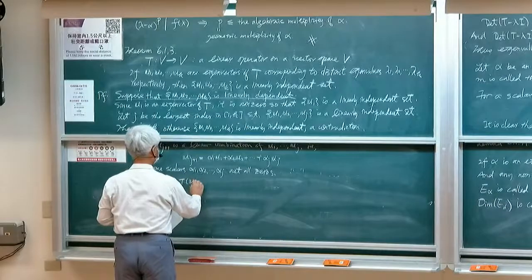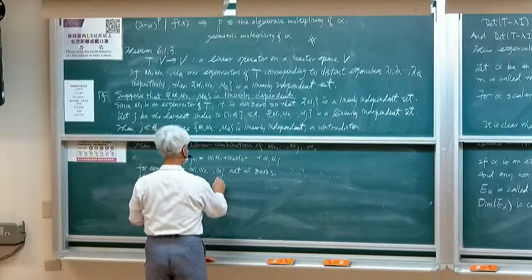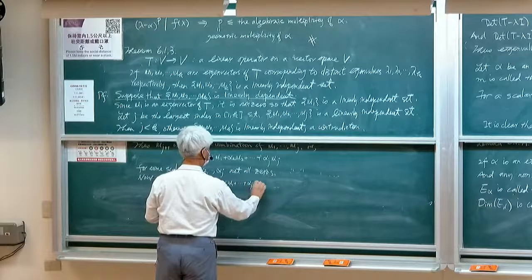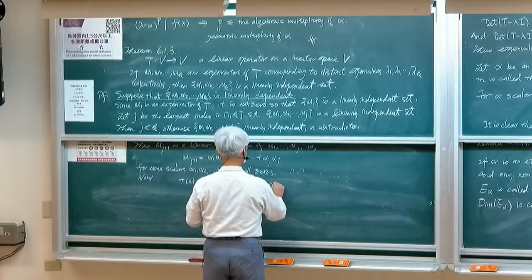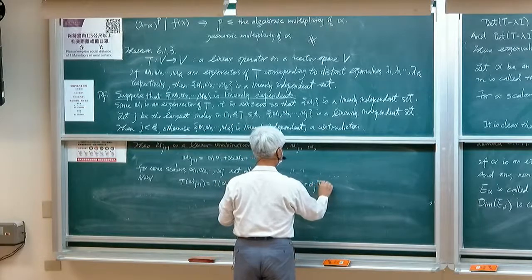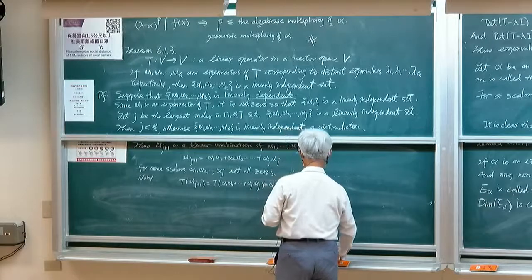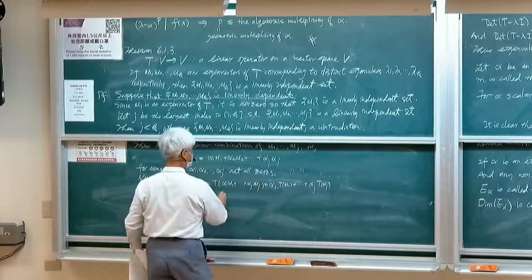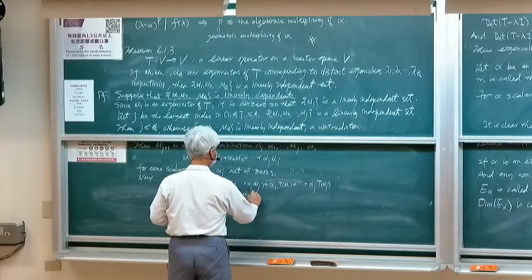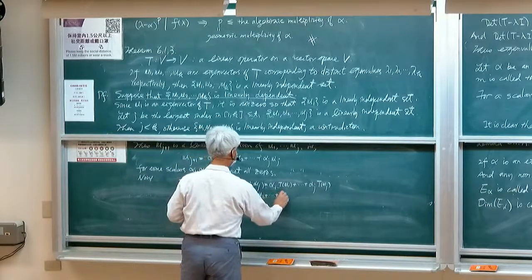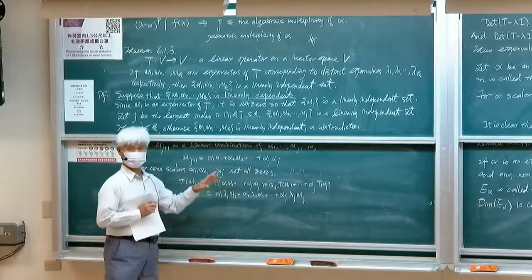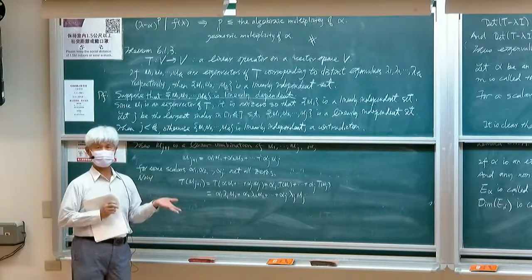So T of uj plus 1 equals alpha 1 T u1 plus up to alpha j T uj, and so this is alpha 1 lambda 1 u1 plus alpha 2 lambda 2 u2 plus up to alpha j lambda j uj, because the ui's are eigenvectors corresponding to eigenvalue lambda i.